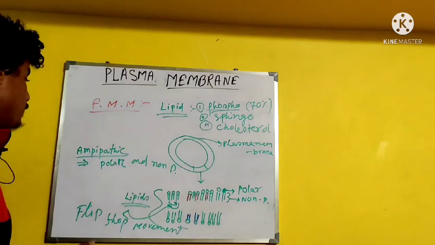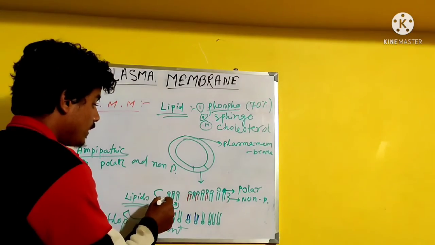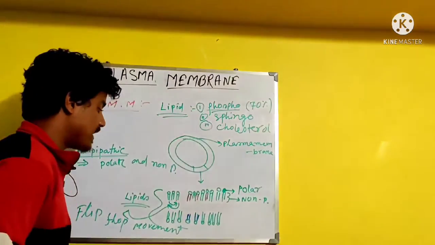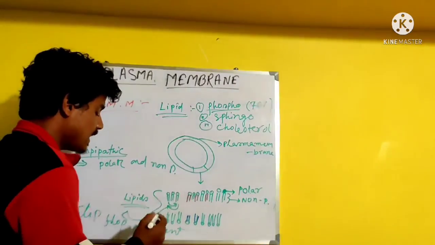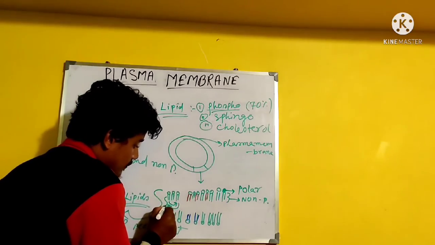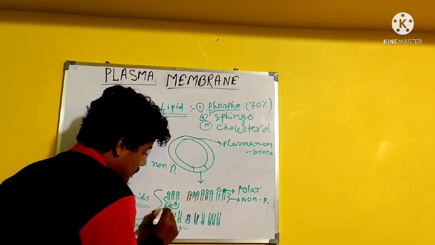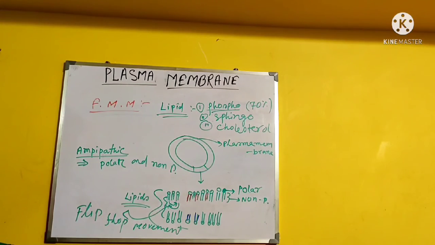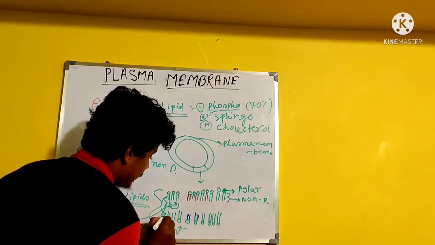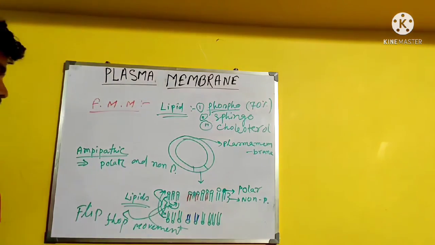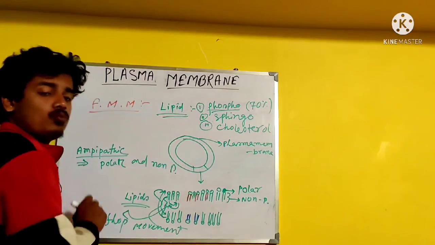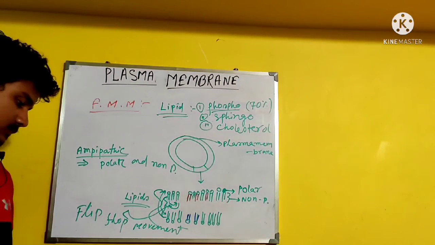Lipids can exchange their place between the two layers of lipid. They can go through the layer. This is the flip-flop movement of lipids.